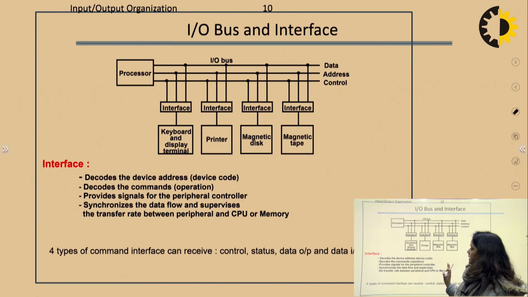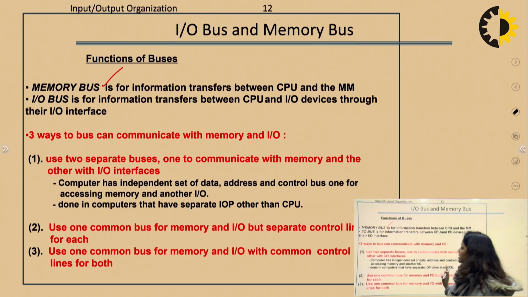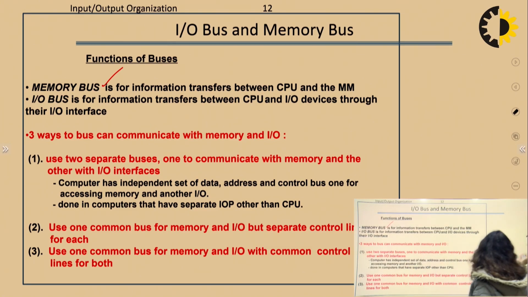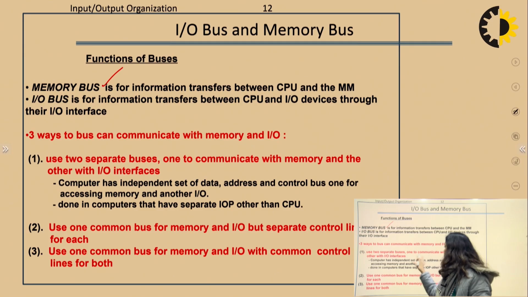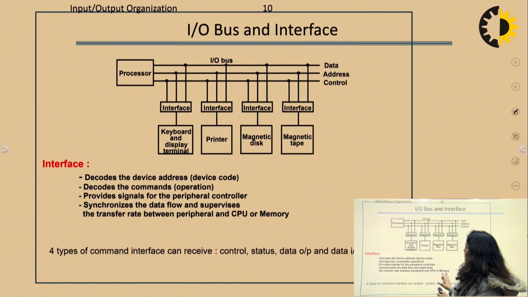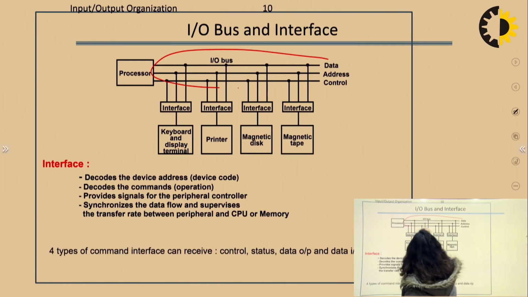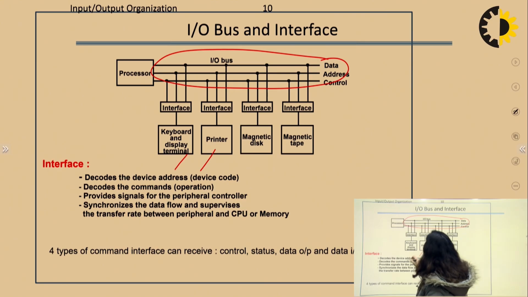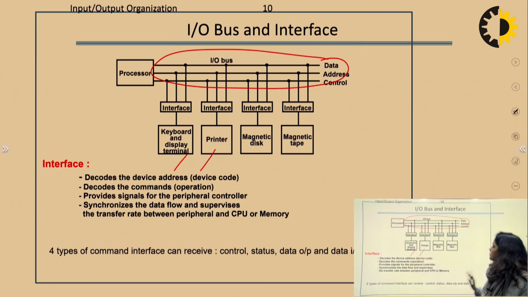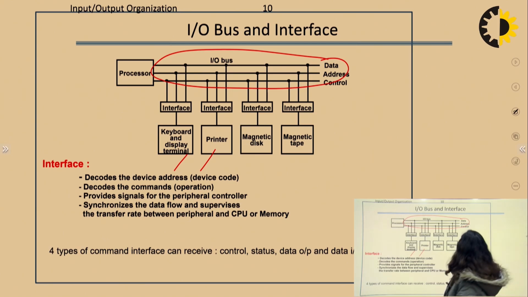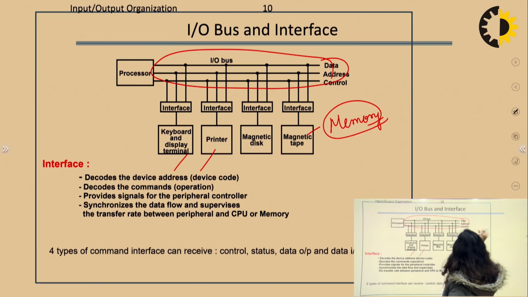The first scheme is to use 2 separate buses, one for communicating with the memory and one for input-output. So we can use a separate set of these 3 buses for the printer and keyboard, and again the memory, either primary or secondary, will have a different set of three buses solely used by it. It will not be in a shared mode.